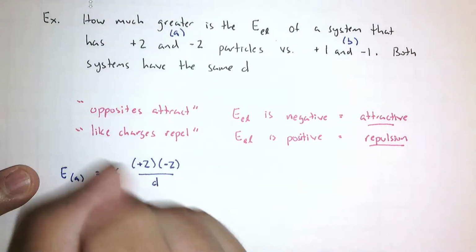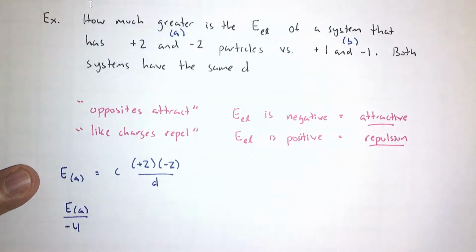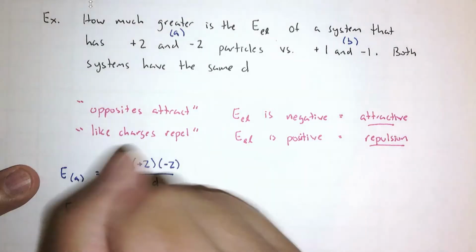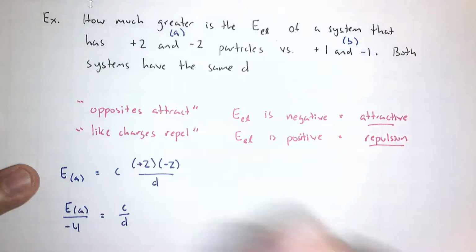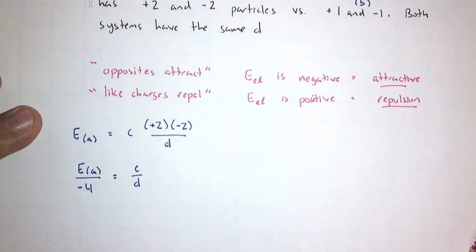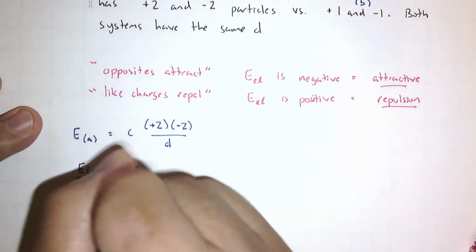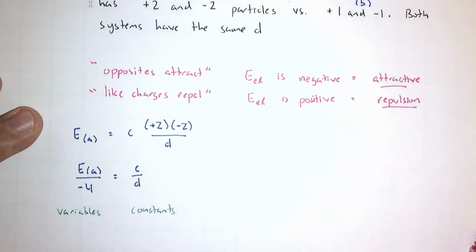EA over, now we have -4. Okay. Right. Divide both sides by -4. And on the other side, we have the constant, and we have the distance. Again, the idea here is to have variables on this side and the constants on this side. You'll see why I want to do that in just a bit.